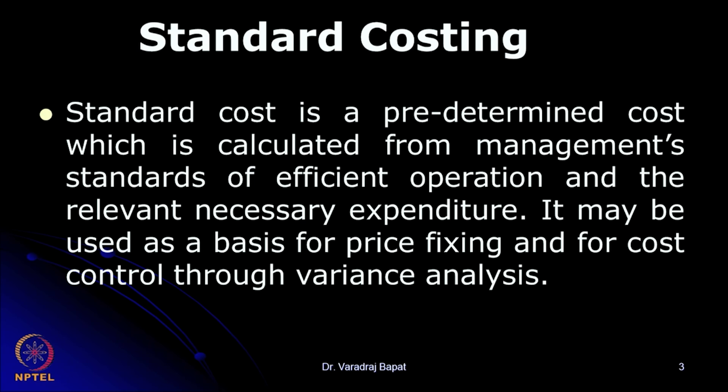So it needs to be predetermined and it is based on the standards of efficient operations. So it is a predetermined cost which will be incurred provided the operations are made very efficiently. It may be used as a basis for price fixing and primarily it is useful for cost control through variance analysis.